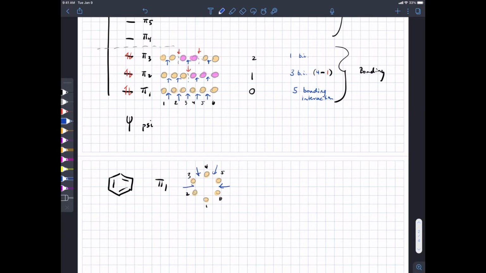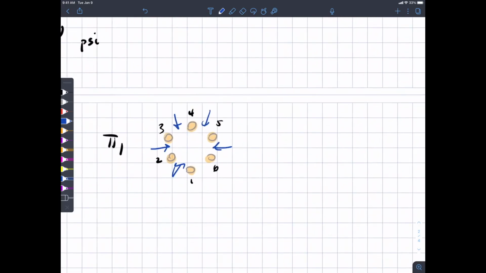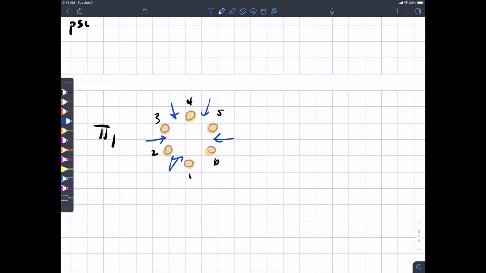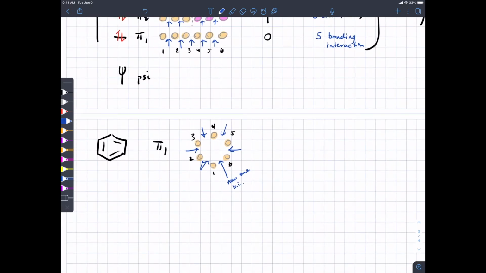Excellent. Because we've made it cyclic, these are the 5 bonding interactions we had previously, and this is the new one. The new bonding interaction that we get when you make them side by side. Okay?